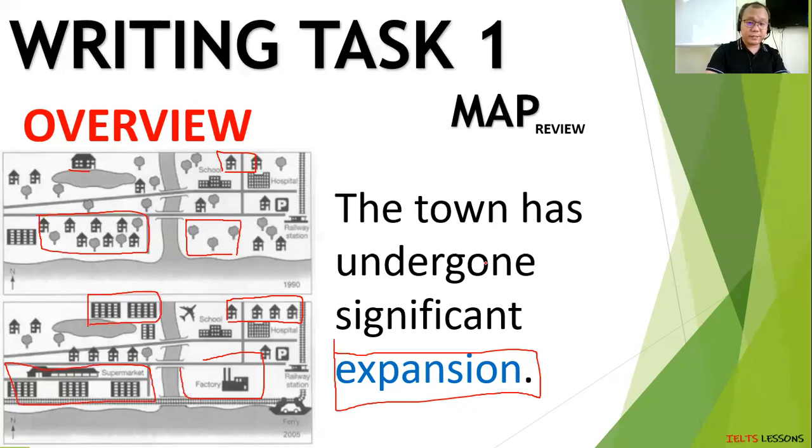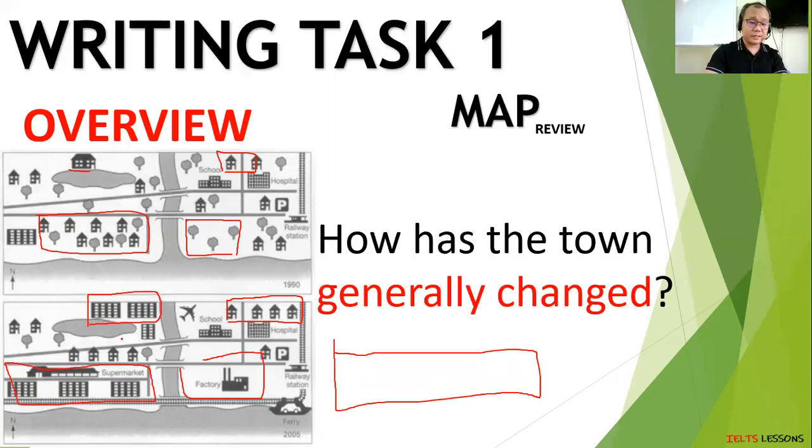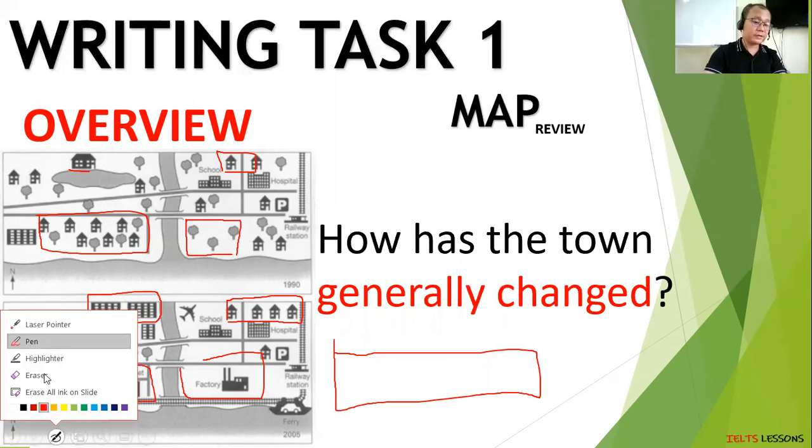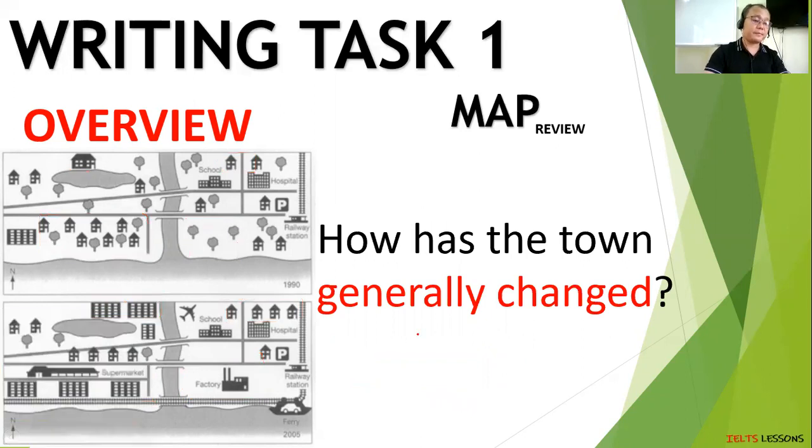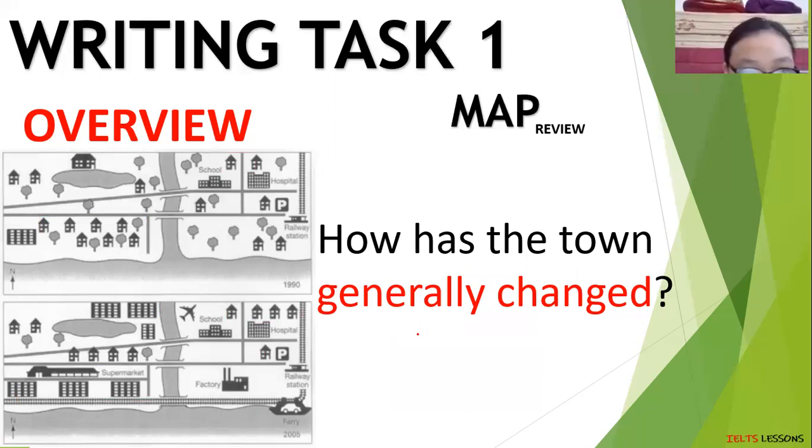Next, how about Trump? What is the general change that you have observed in the map? From your observation, what is the general change in the map?